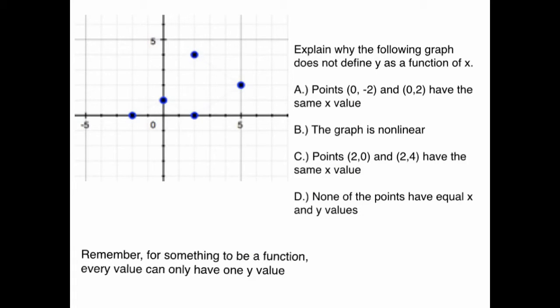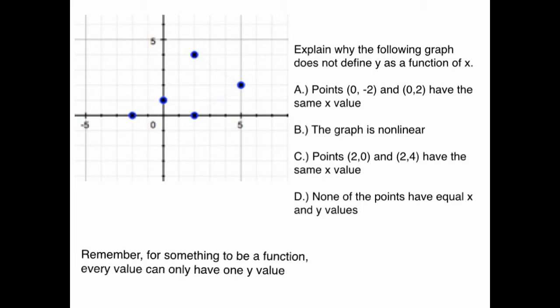Okay, guys, this question is asking us, explain why the following graph does not define y as a function of x. When you see that language, what it's asking you is to basically describe whether or not the relationship is a function or not. Now, this particular graph doesn't really look like anything, but I can go ahead and figure out if this relationship is a function just by going through each one of my points on the graph individually to see if there's only one y value for every x value.